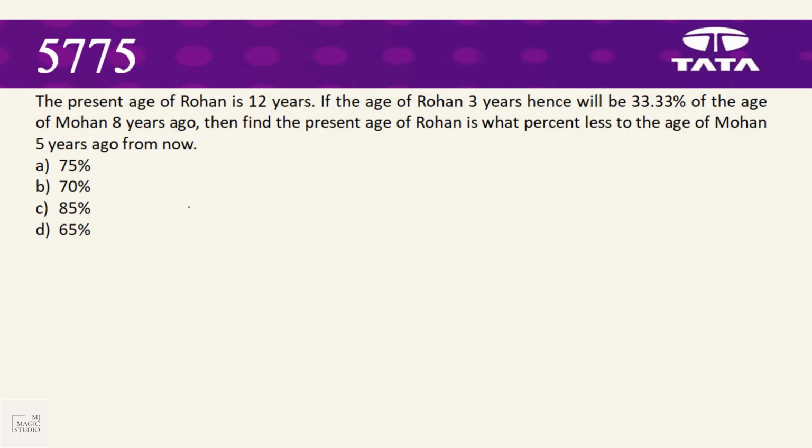The present age of Rohan is 12 years. Rohan's age 3 years hence would be 15, which is 33.33%, that means 1/3, of the age of Mohan 8 years ago.